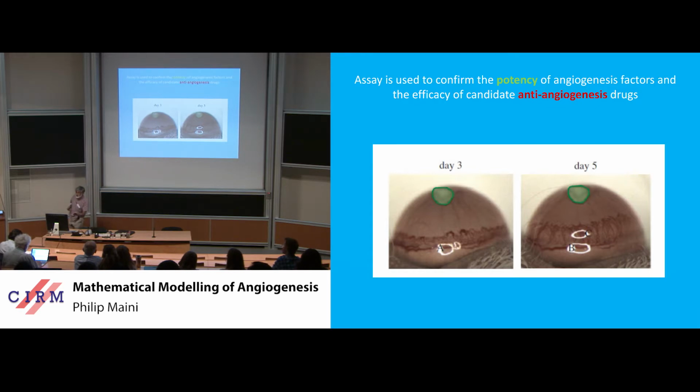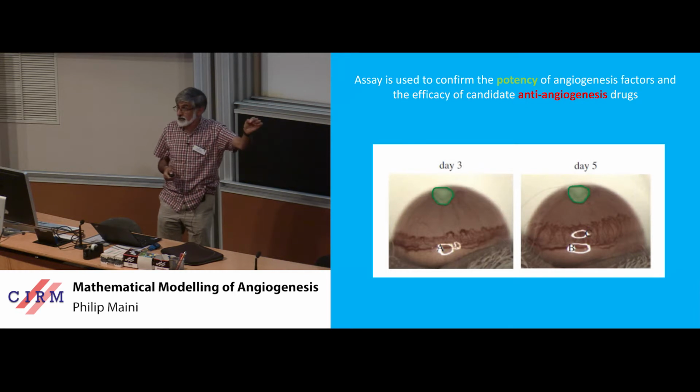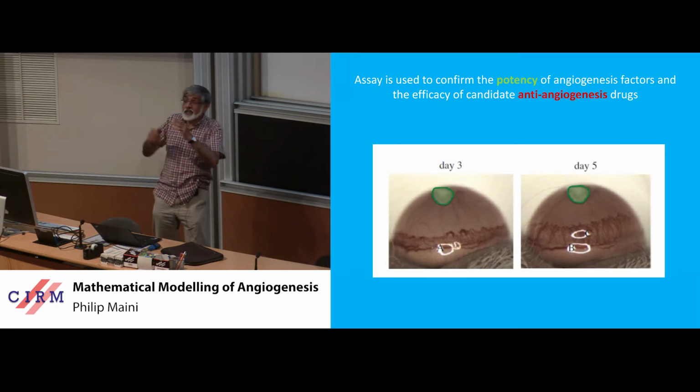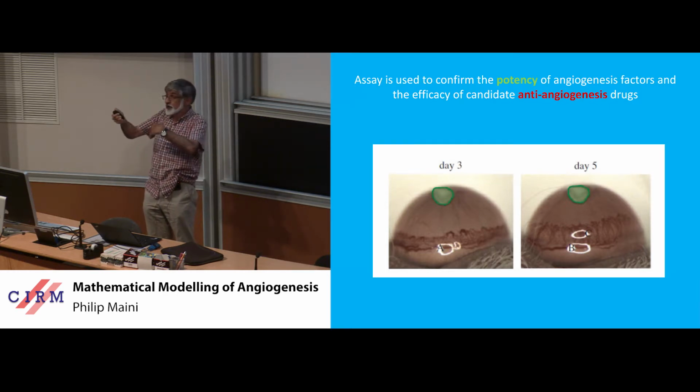So what the drug companies do is they would maybe put some growth factor here and see what happens, or maybe they put some anti-angiogenesis drug somewhere and see what happens, and then they compare. And then the comparison will tell you how good your drug is.